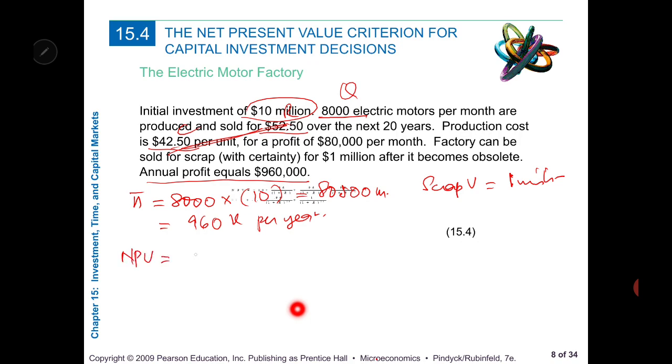The NPV is that the business makes an investment of 10 million in the beginning, and then it receives 0.96 million, this one, in the first year, up to how many years? 20 years. Okay, N is 20.